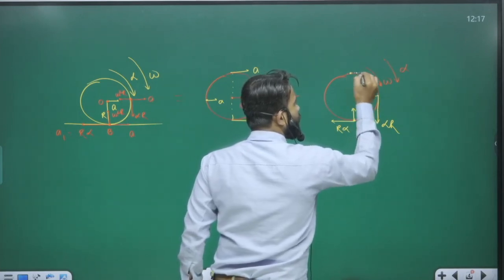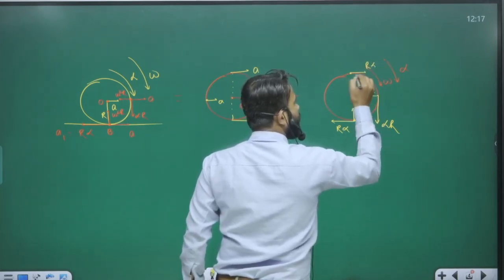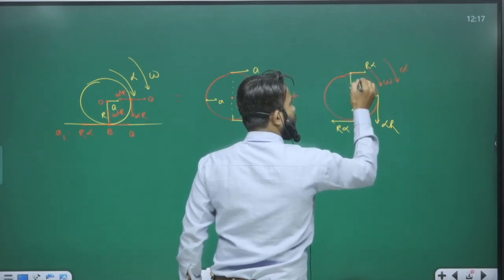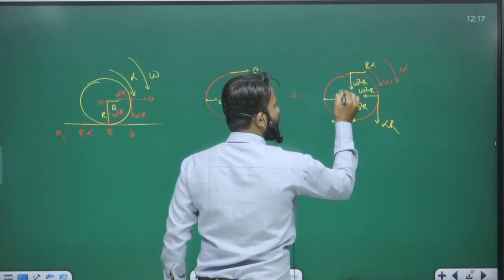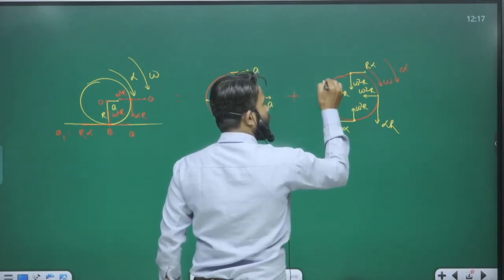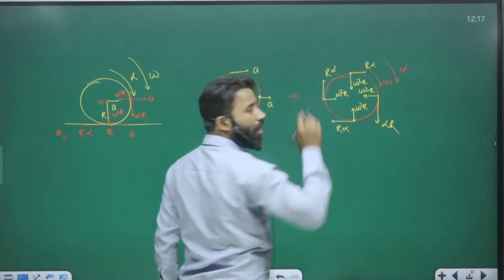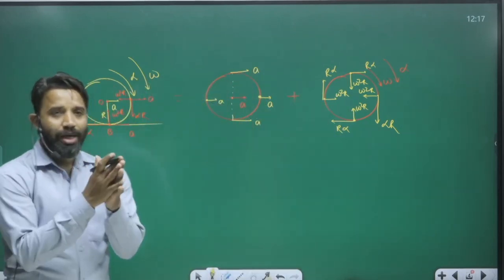For this point you can write r into alpha, along with that omega square r. For this point towards the center it will be omega square r, and in this direction it will be r alpha, and both the diagrams can be superimposed.